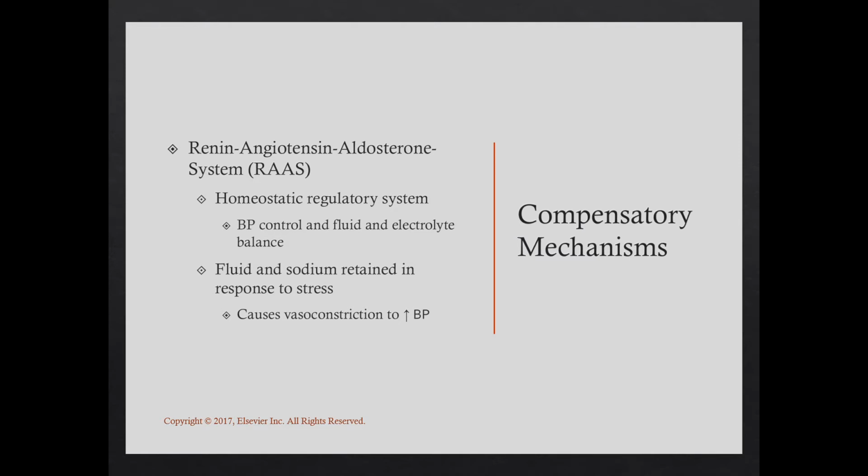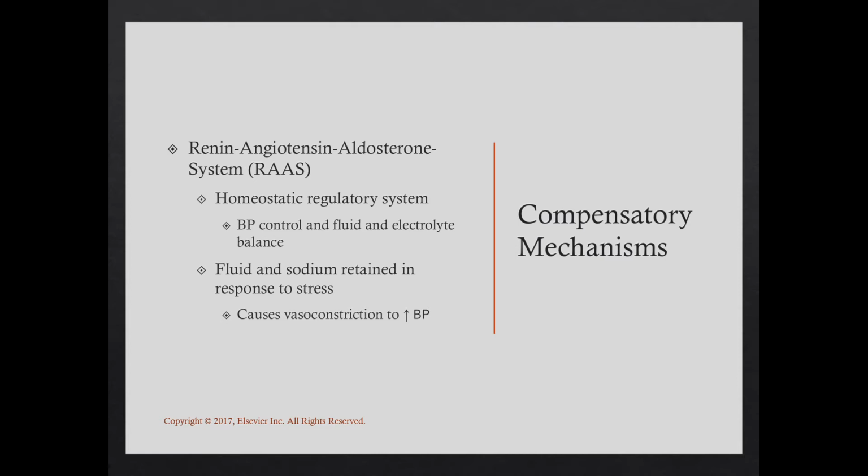So of the three that we mentioned, well, two or three, the renin-angiotensin system is really a system that tries to keep homeostasis, and it really works tremendously in trying to keep blood pressure control and fluid and electrolyte balance. And in response to stress, which is really the sympathetic fight or flight nervous system, what does the RAAS do?